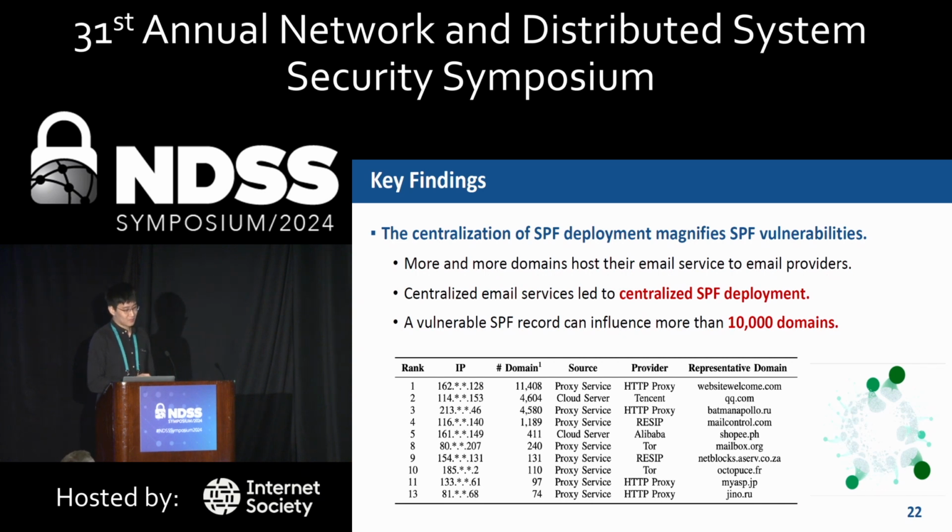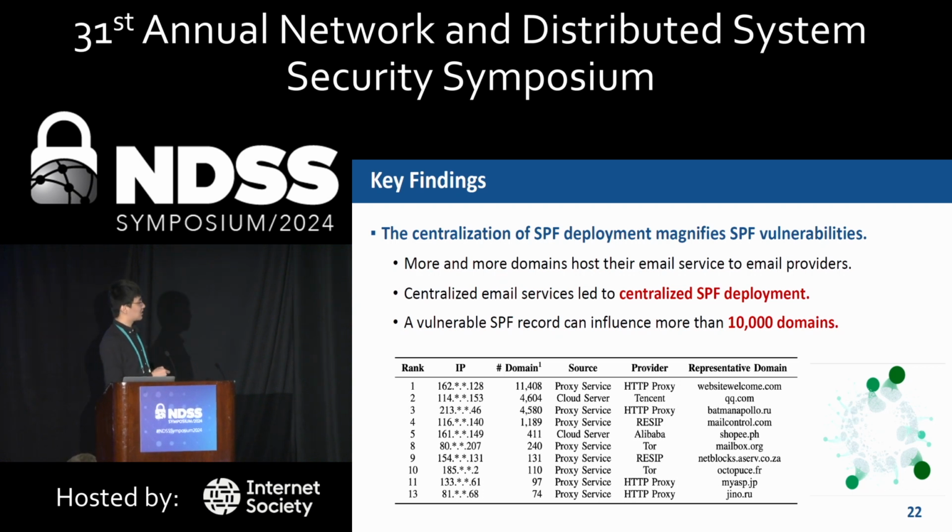In recent days, more and more domains are willing to host their email services with professional email providers. Our further analysis revealed that the centralization of SPF deployment magnifies SPF vulnerabilities. We find a single IP address could even influence thousands of domain names due to the centralization of SPF deployment.